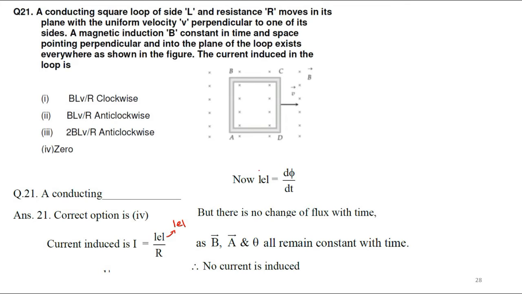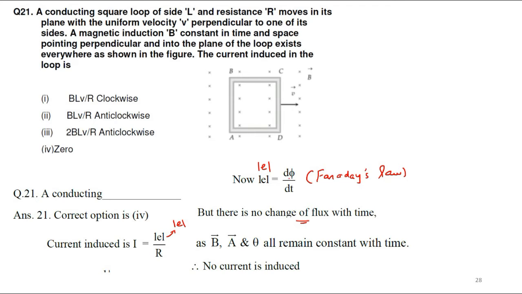Now again this magnitude of E is d phi by dt, Faraday's law. But here there is no change of flux.